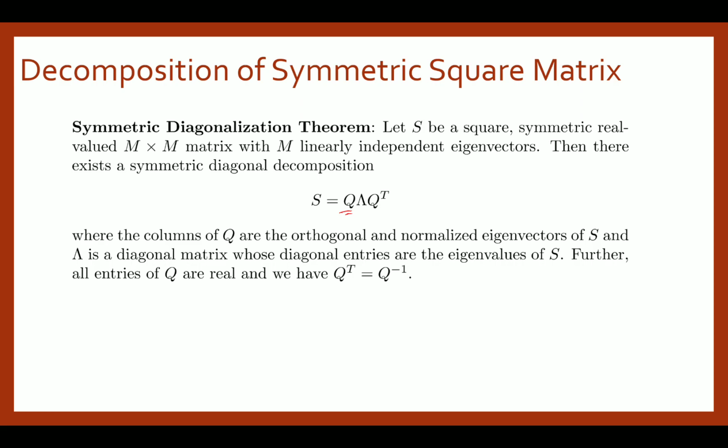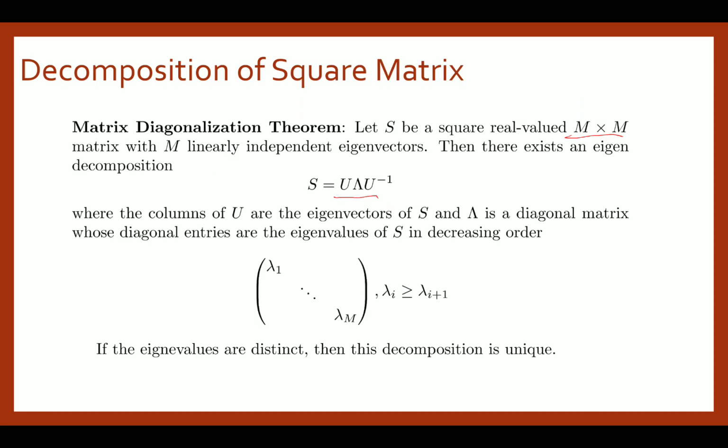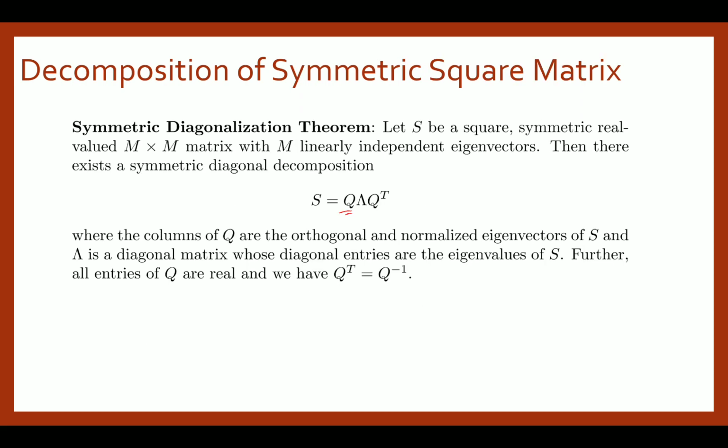And this lambda is again the same as in the eigenvalue decomposition, the eigenvalues put into decreasing order. And an essential property is that Q transpose is basically Q inverse.